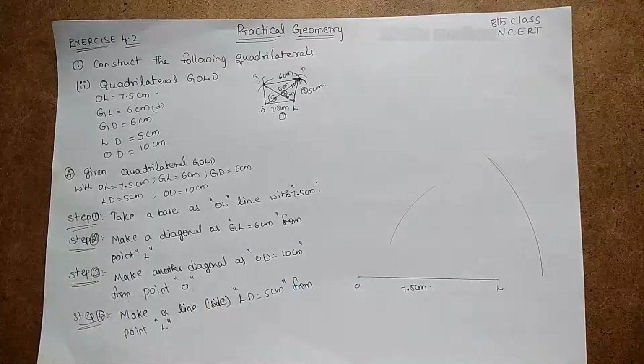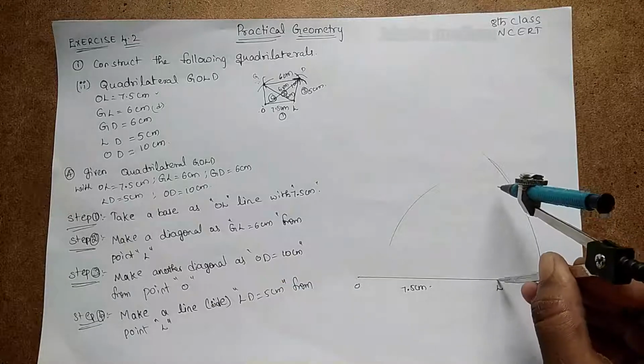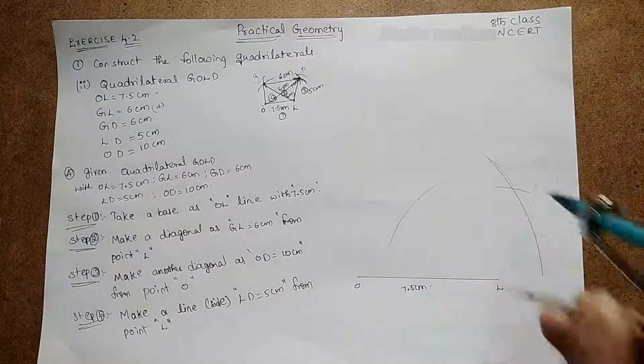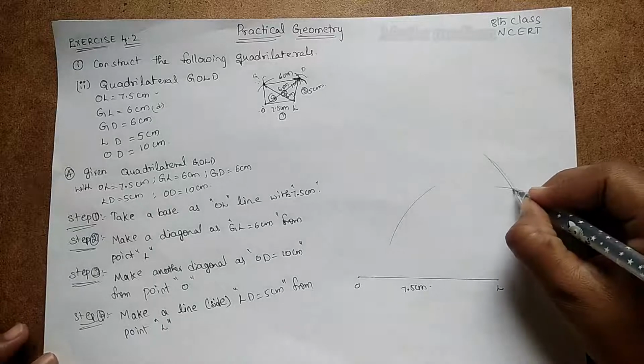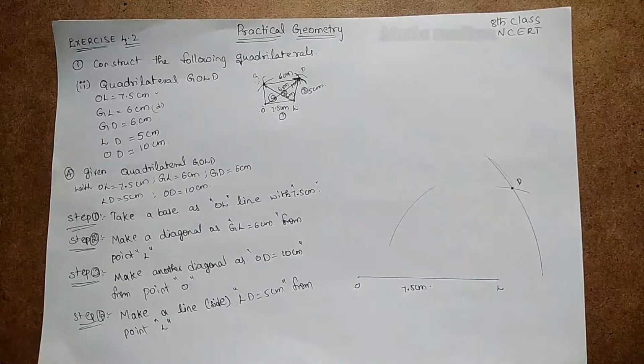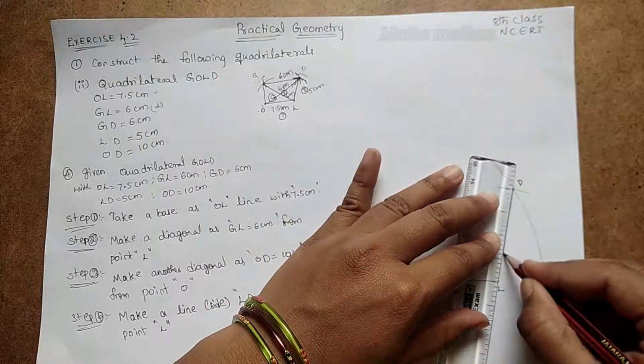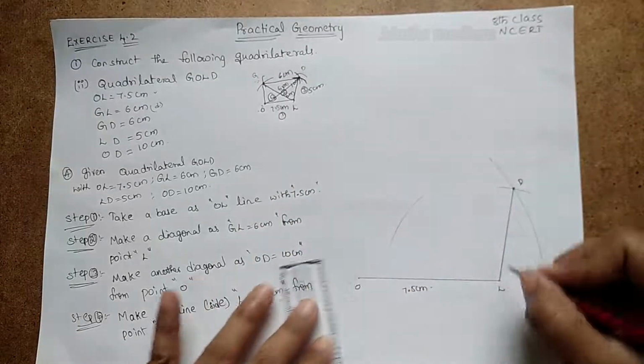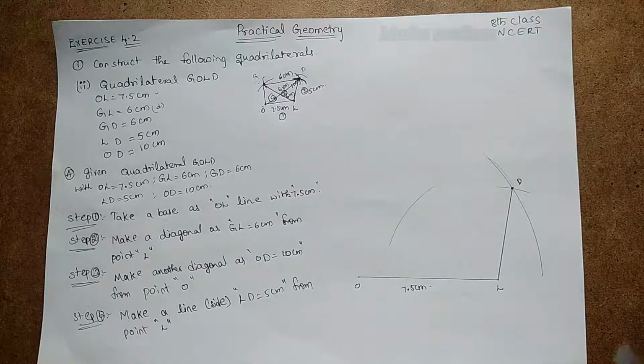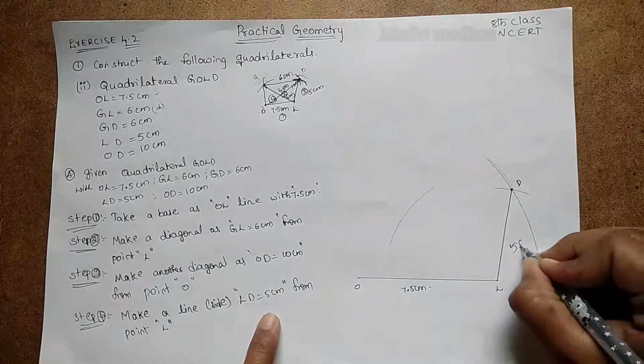From L make an arc. We get a point here. Let it be point D and join the two points, D and L. So LD is equal to 5 centimeters.